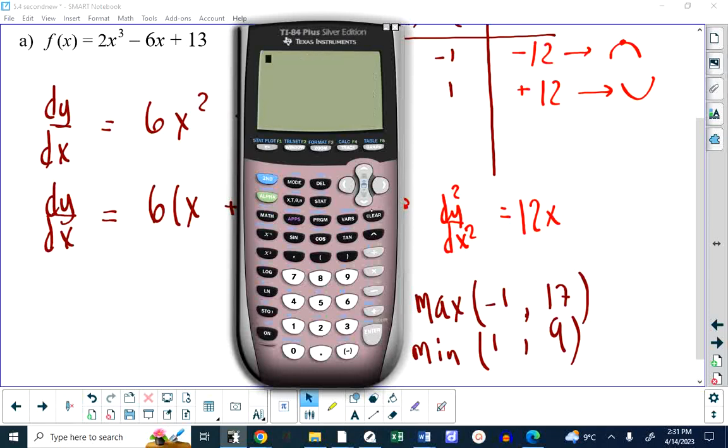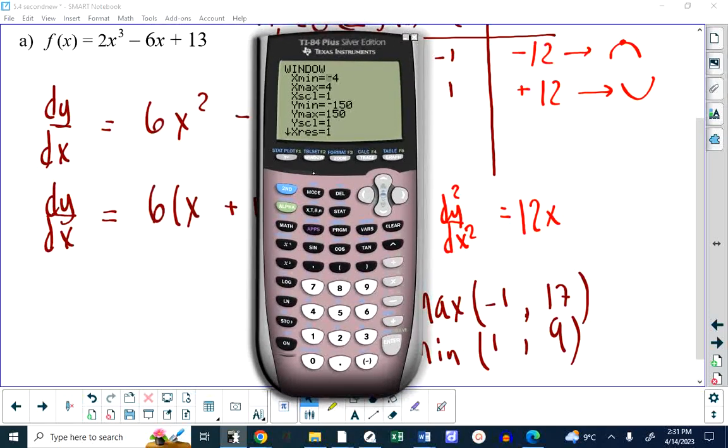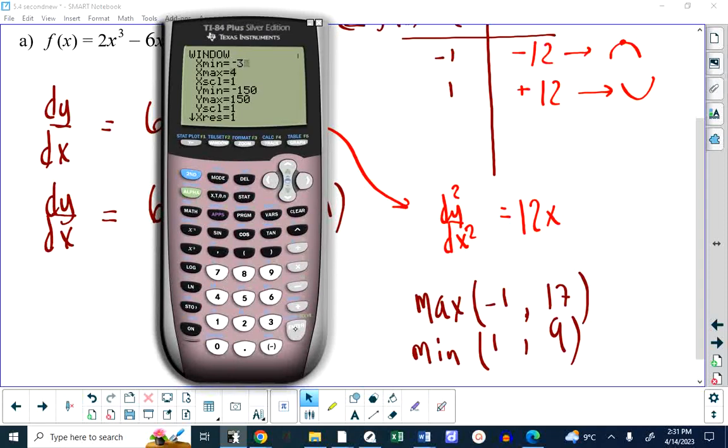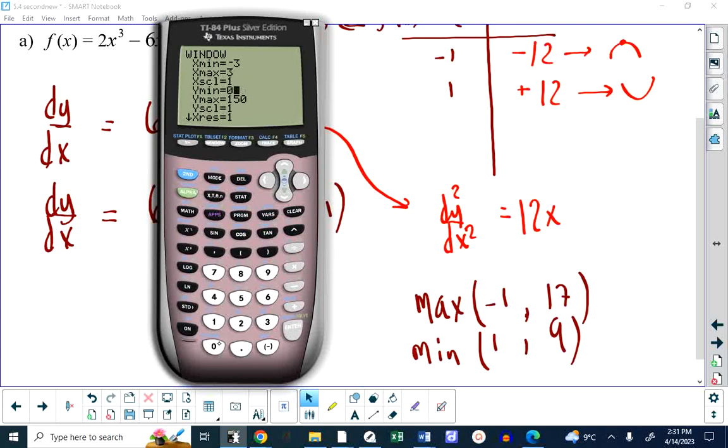Even though there's not much of a challenge to graphing it on your calculator, I always find it interesting or rewarding to see the result. I'm going to put my window settings from negative 3 to 3 for x, and probably 0 to 20 is good enough.